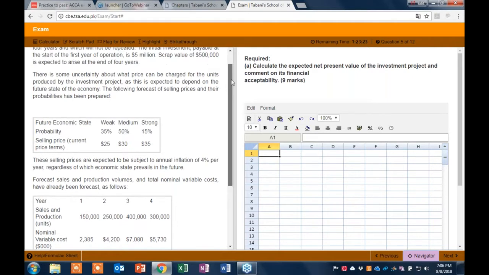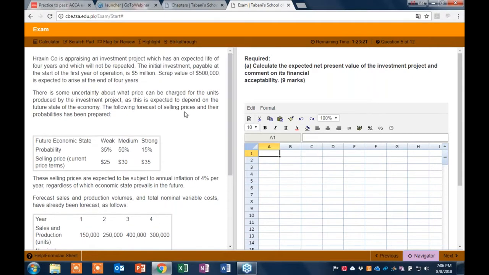The only thing that we're not sure of is the selling price. We expect the price to be 25, 30, or $35, depending upon the future economic state, which we don't know.